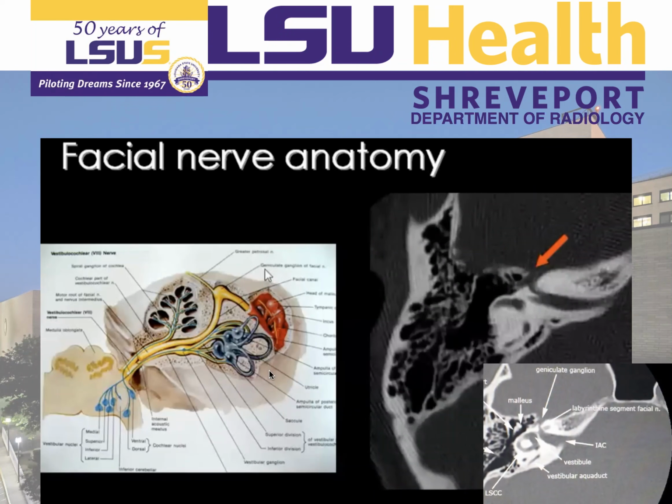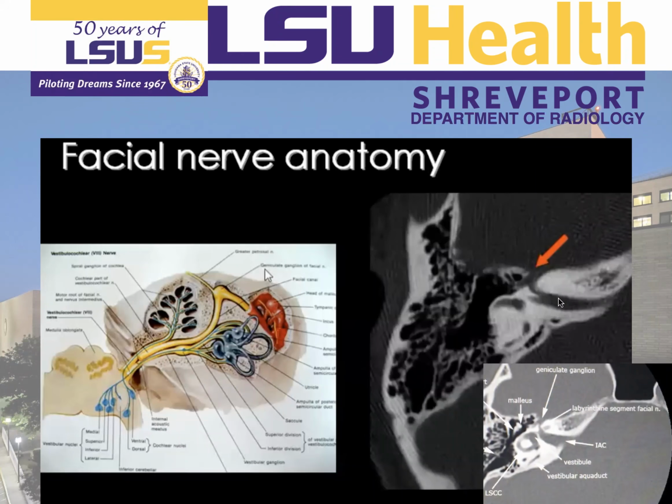So, how can I recognize the facial nerve anatomy when I'm reading a CT scan? It's not difficult, guys. It's really easy. You just have to guide yourself through the internal auditory canal. Remember that the facial nerve arises from the brainstem posteriorly and goes to the internal auditory canal with the vestibulocochlear nerve.